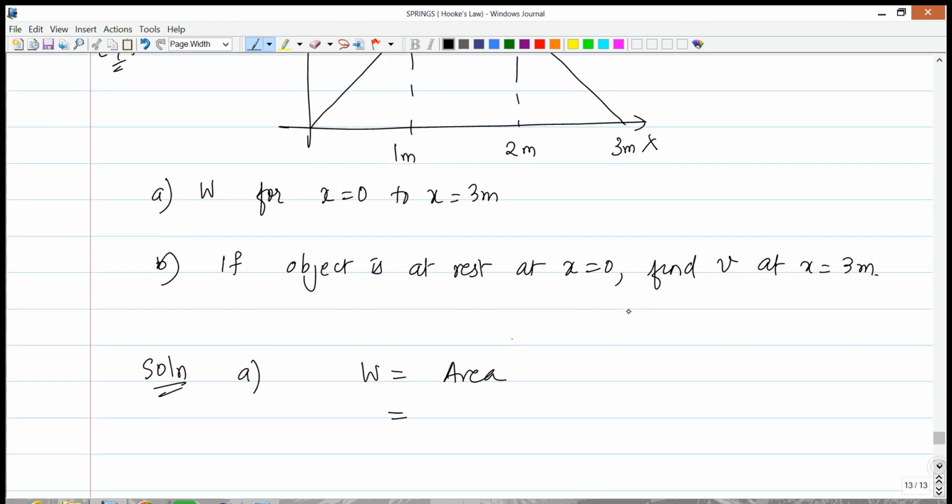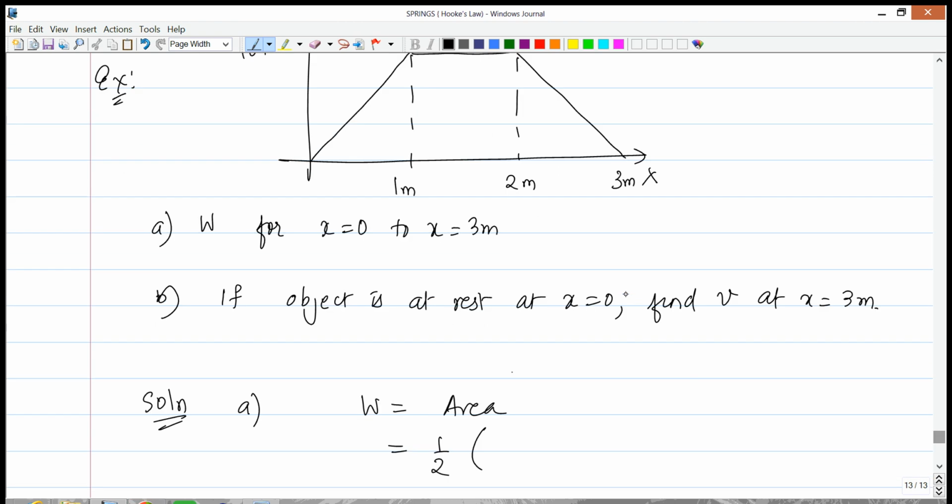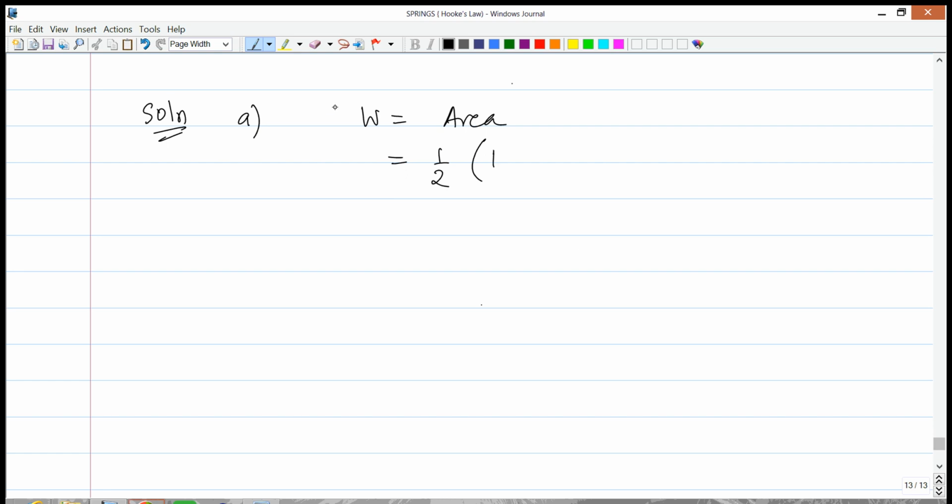I'm just going to use the trapezoid rule. So the area for a trapezoid is equal to 1/2 times the sum of the parallel sides. In this case, the parallel sides are 1 meter for the top and 3 meters for the bottom. So it is 1 plus 3 multiplied by the distance between the two, which is 10. And this ends up being 20 joules. So this gives us the answer. Very simply, work is obtained.